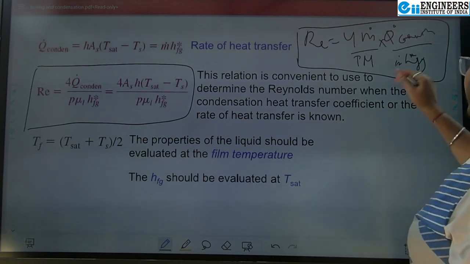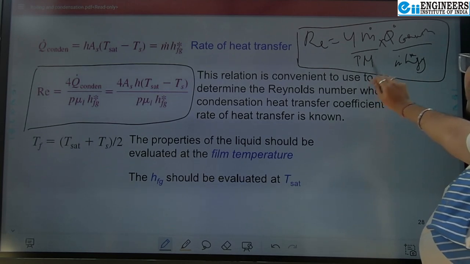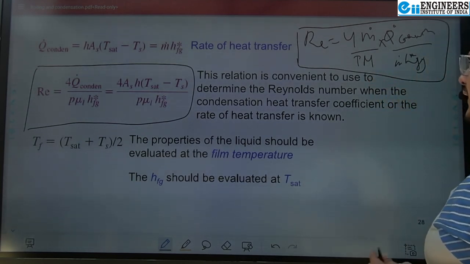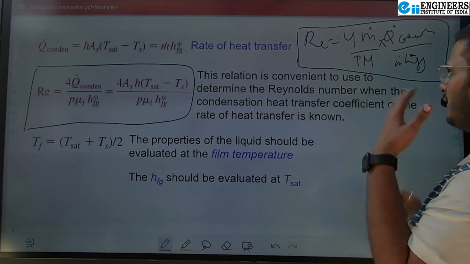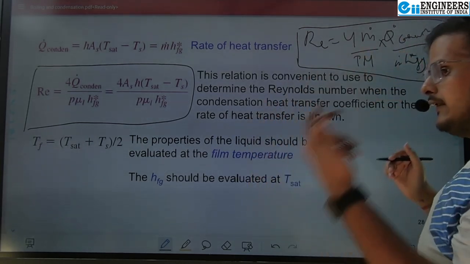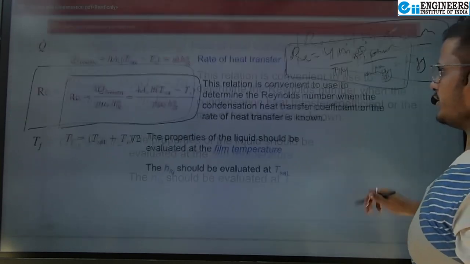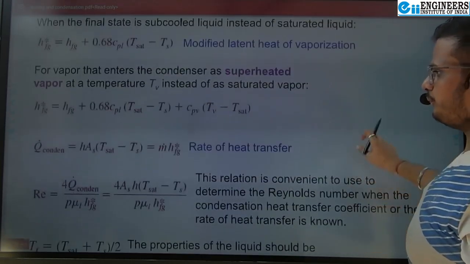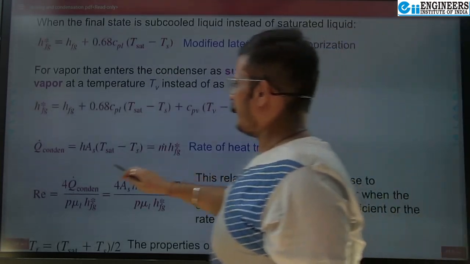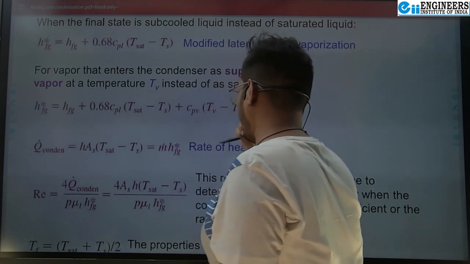The Reynolds number is 4 Q condensation, that is the rate of heat transfer, by P mu into hfg, the latent heat energy transferred during the condensation process. So Q equals h delta T equals m dot hfg, that is the rate of heat condensation.